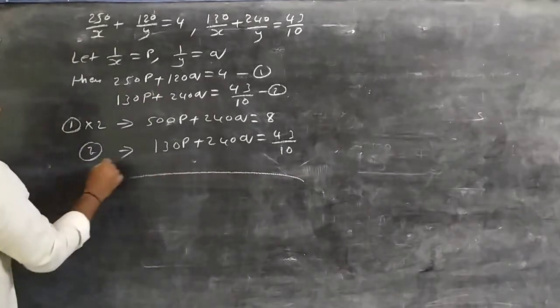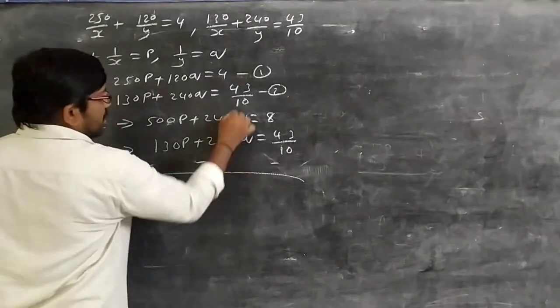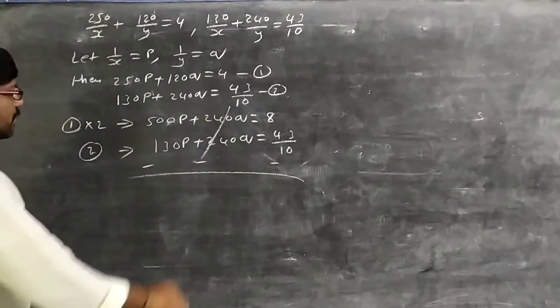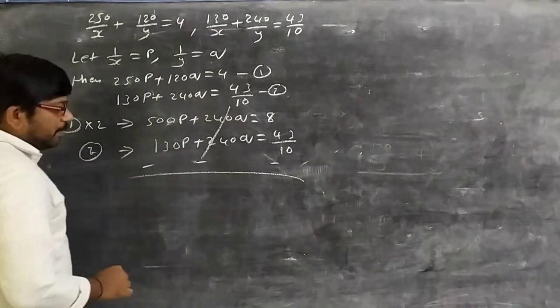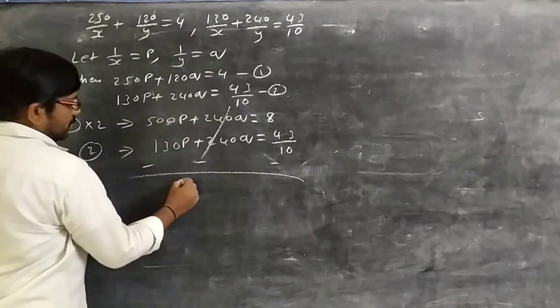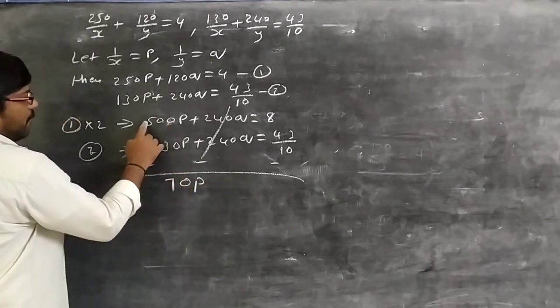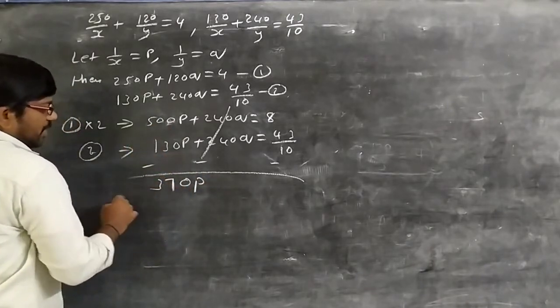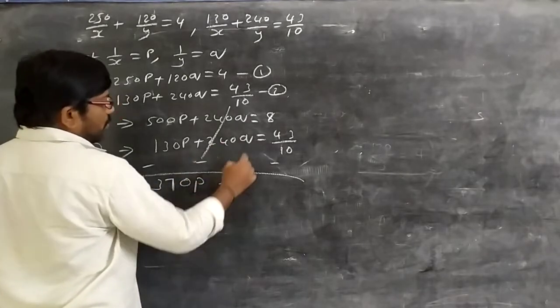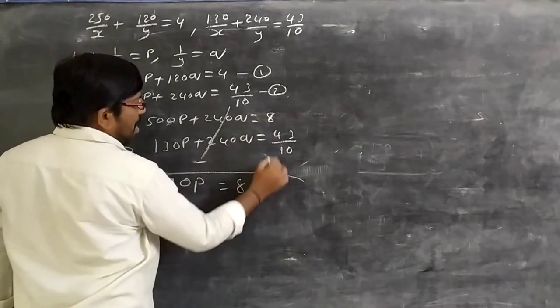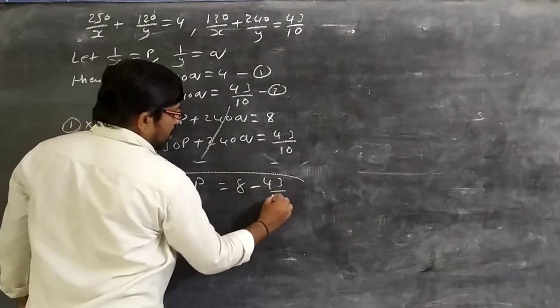Now subtract. So these two get cancelled, right? 500 minus 130 gives 370p, is equal to 8 minus 43 by 10.